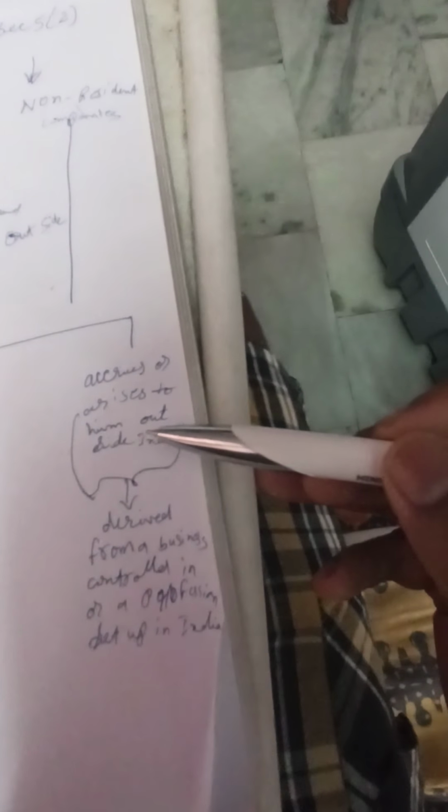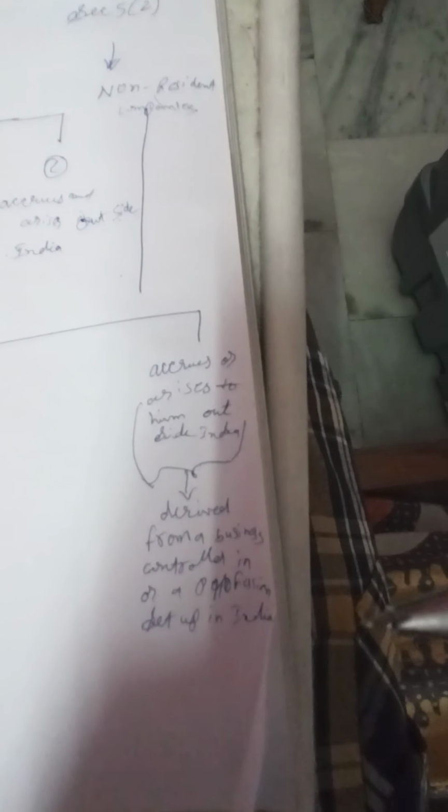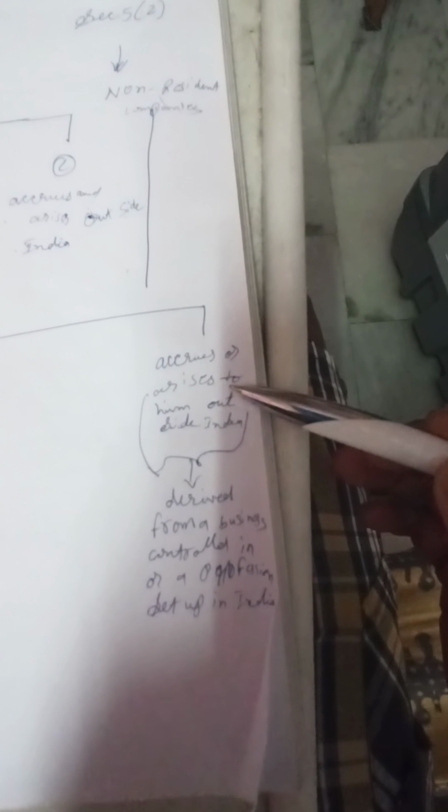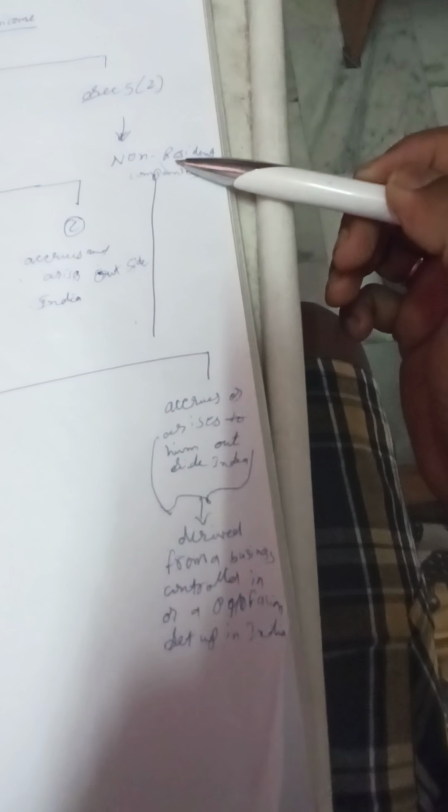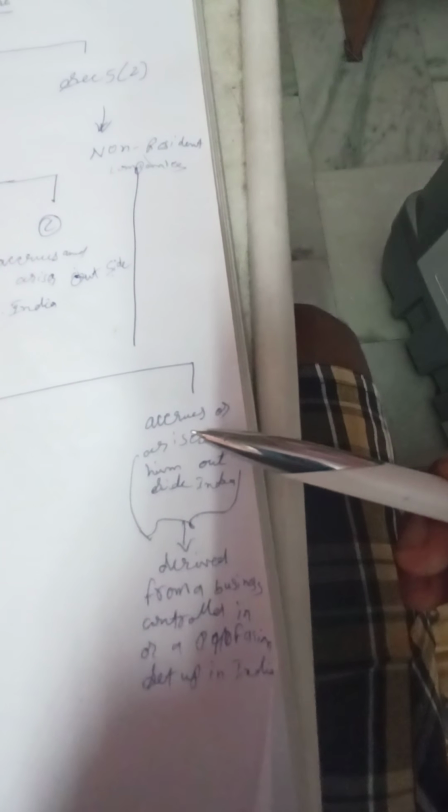So the last one is income that accrues or arises to him outside India. For example, a non-resident company's income accrues or arises outside India but is derived from a business controlled or a profession set up in India. Understand properly. Non-resident, but it accrues and arises outside India.